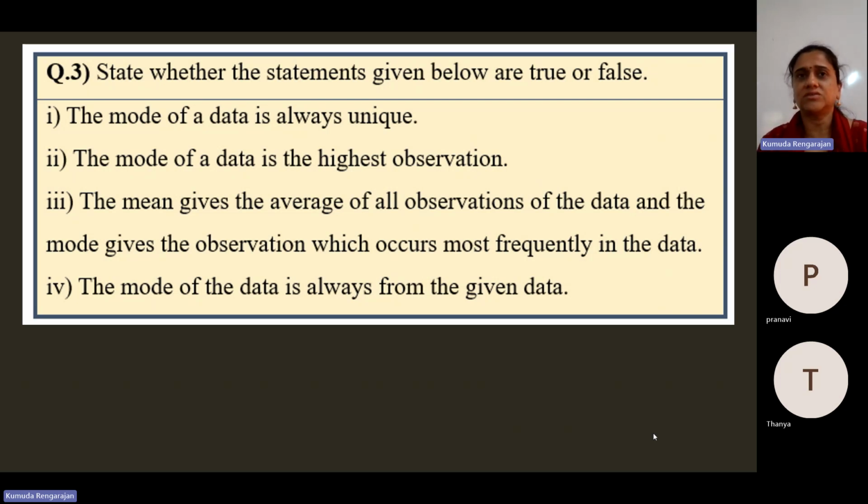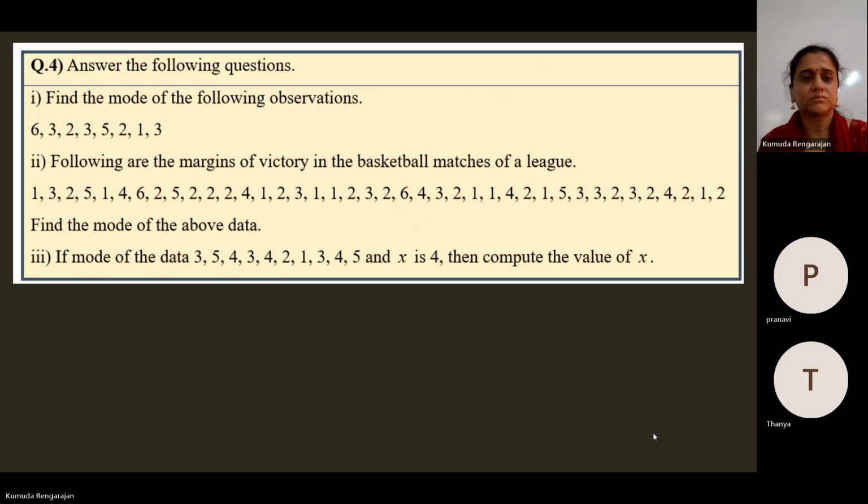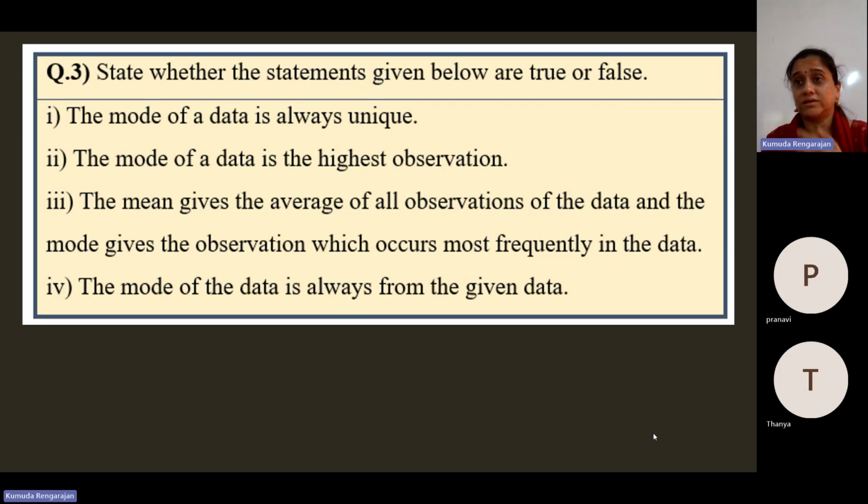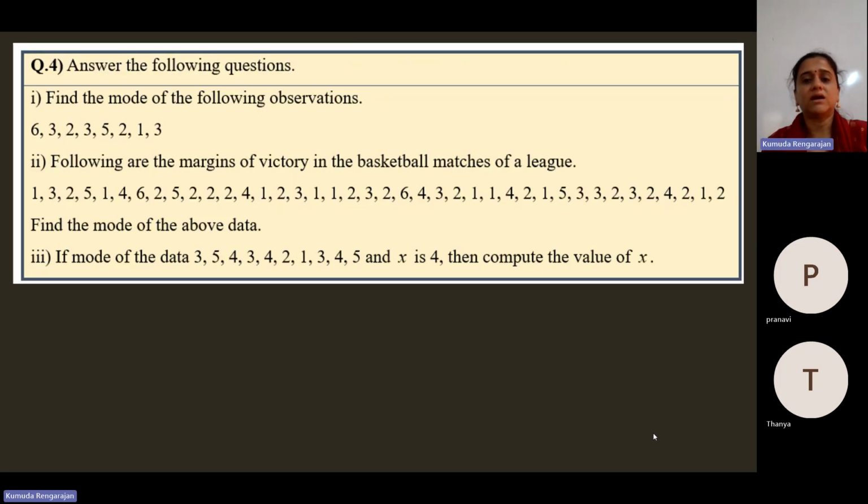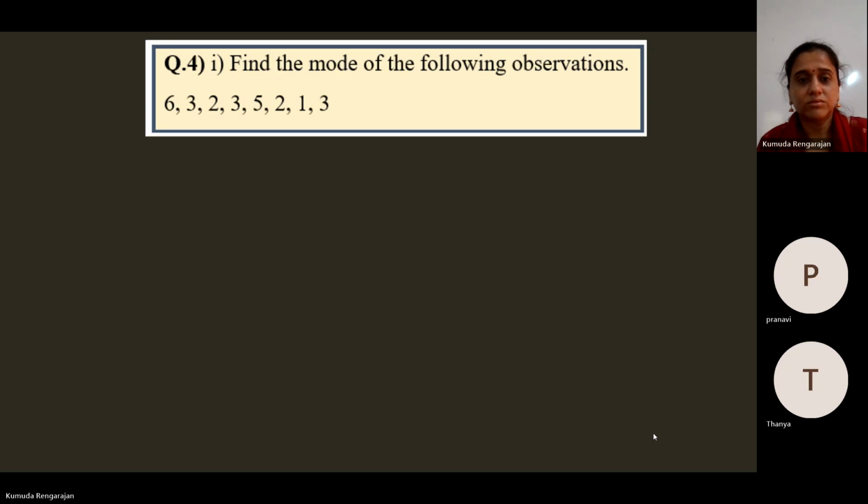We'll discuss the answers tomorrow. Think about it, meaning read the statement, think about the statement and answer it. Answer all these questions now.